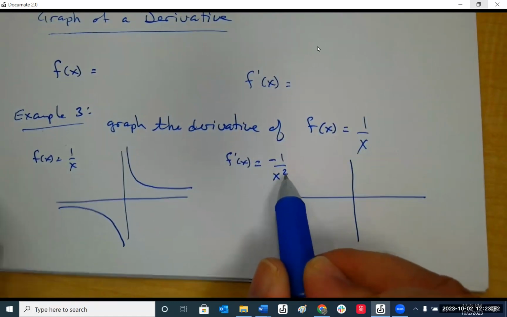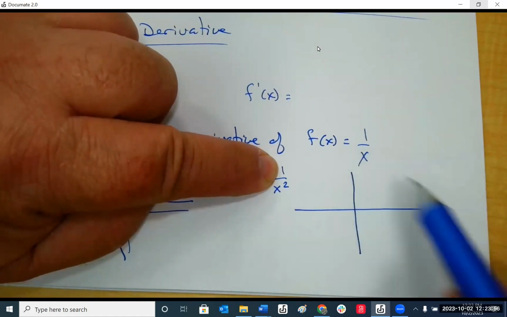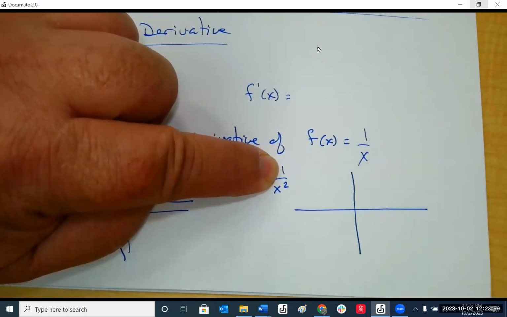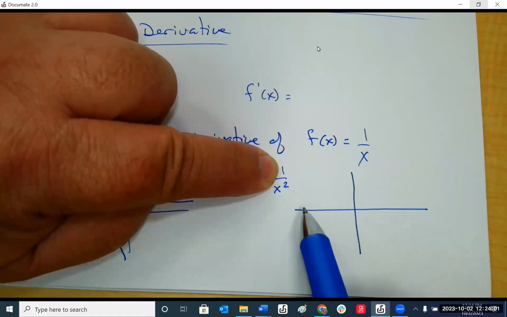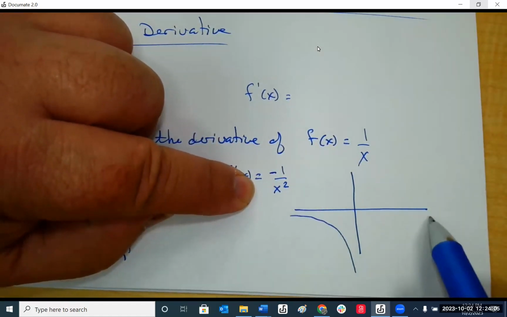Well, first off, let's forget the negative right now. 1 over x squared is all positive, so it has to be in the first and second quadrant. Since it's negative, it's going to be in the third and fourth quadrant.